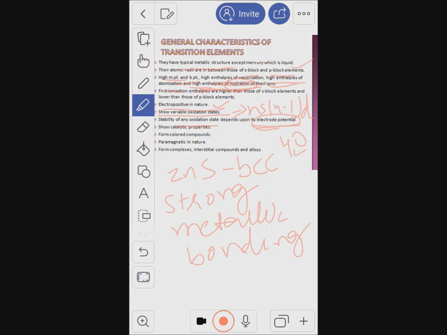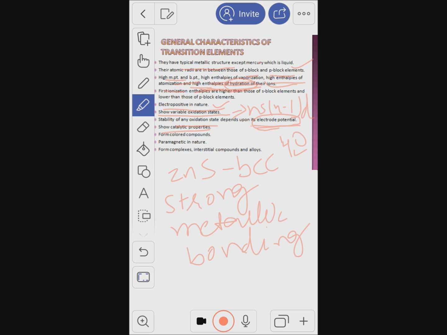Next is they show catalytic properties. Most of the transition elements are used as a catalyst in many chemical reactions. For example, vanadium pentoxide is used as a catalyst in the manufacturing of chemicals.